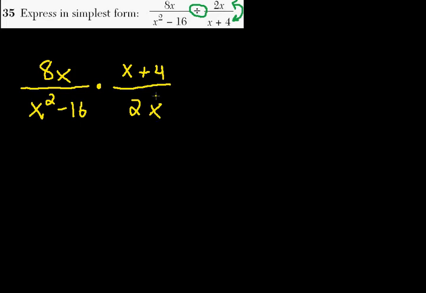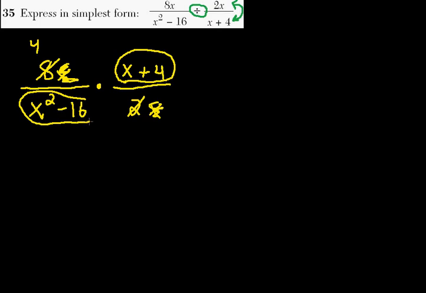Okay, and immediately we can see that the 8 is going to turn into a 4, the 2 is going to cancel, and then this x and this x are going to cancel out, and we'll just have 1. But we still have this matter of the x plus 4 and x squared minus 16.